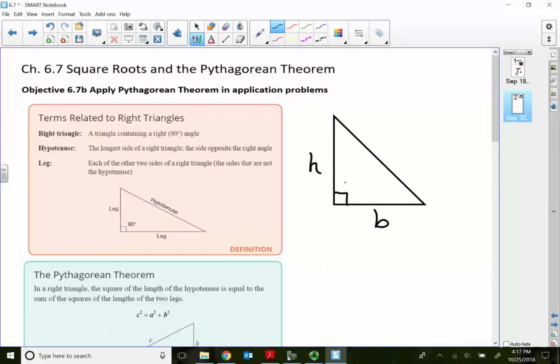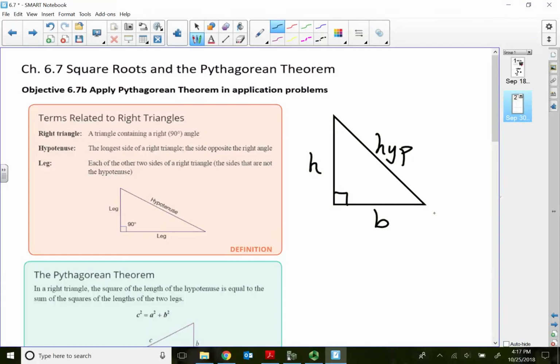Now, when we put our right triangle in terms of the Pythagorean theorem, the longest side we call the hypotenuse, and the hypotenuse is always across from the 90-degree angle.